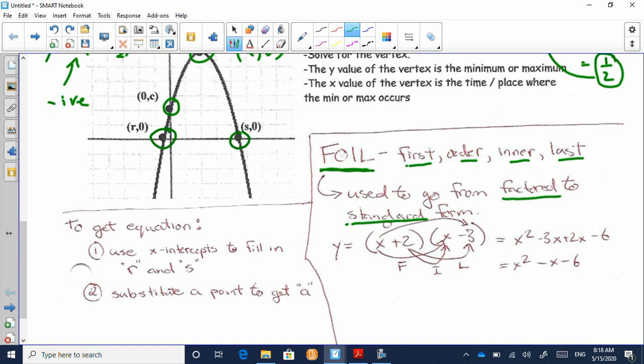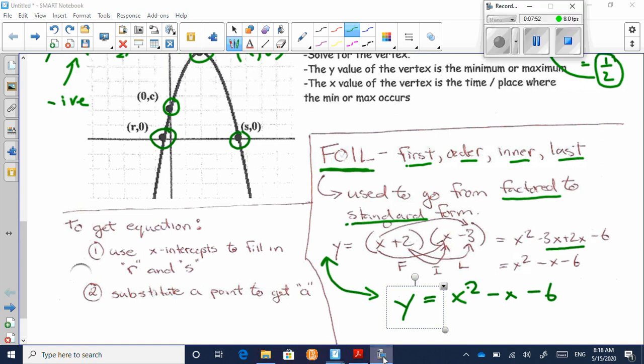And then I just combine my two like terms, negative 3x and plus 2x, and I get negative x. So look at that. In standard form, it's y equals x squared minus x minus 6. And so these two right here are the same parabola. One's in factored form, one's in standard form.